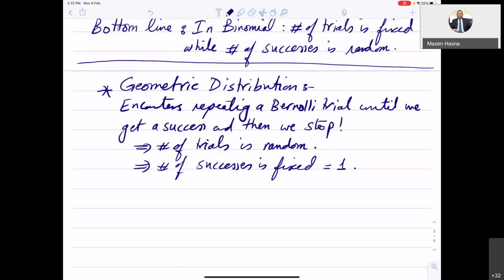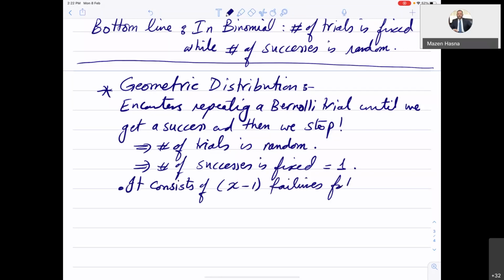So if you think of the distribution, you find out that it consists of x minus 1 failures followed by a success. So to do the experiment, you answer a question, it's wrong, it's a failure, failure.